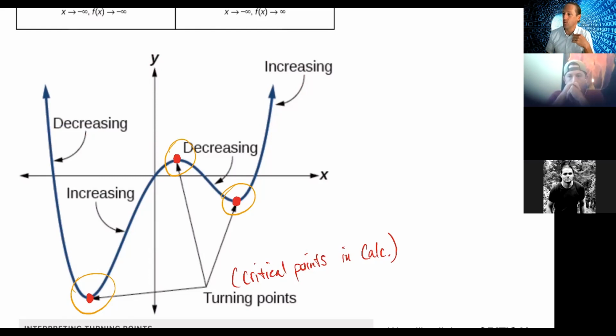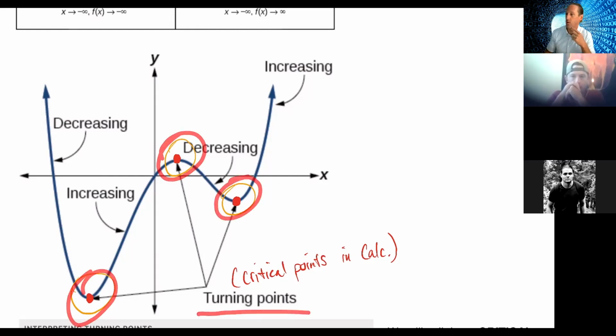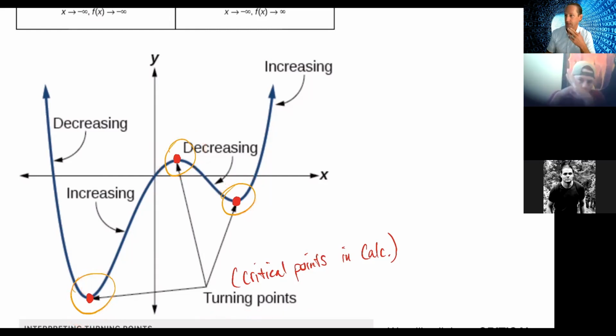What kind of even? What's the degree possibility? Since we have 1, 2, 3 turning or critical points, it could be a 4th degree. Very good. Excellent. How many x-intercepts are there on this one?